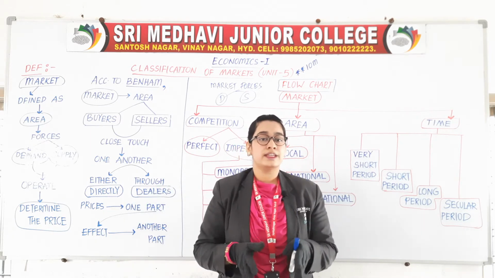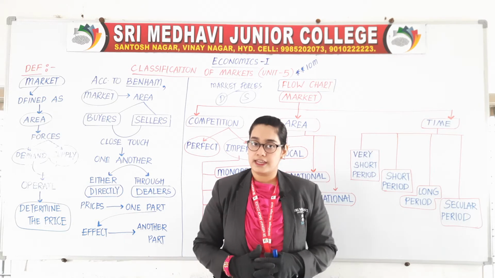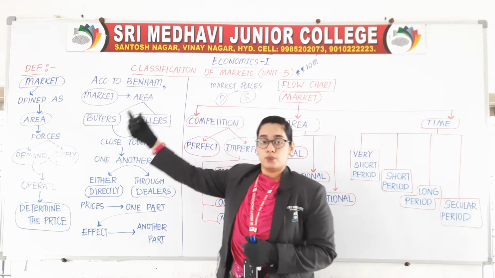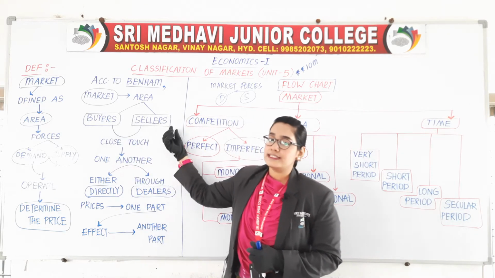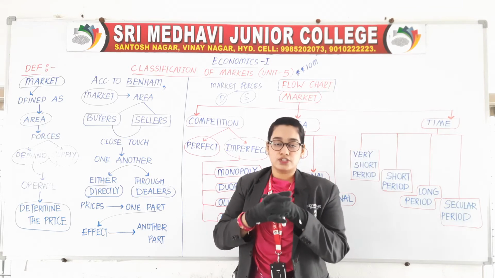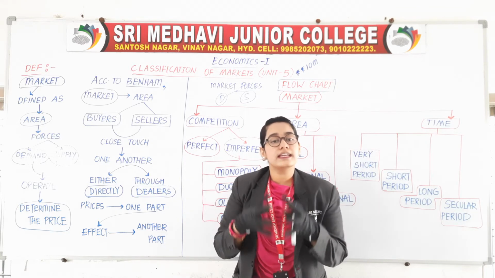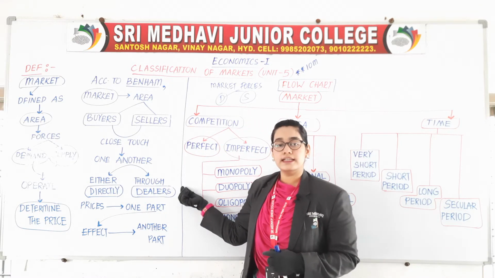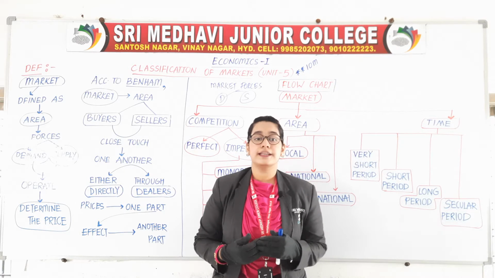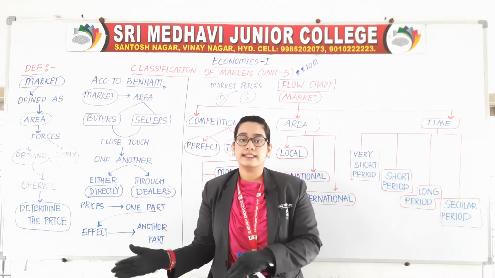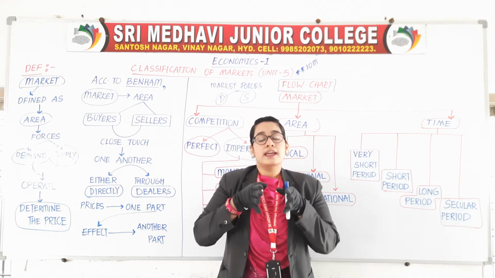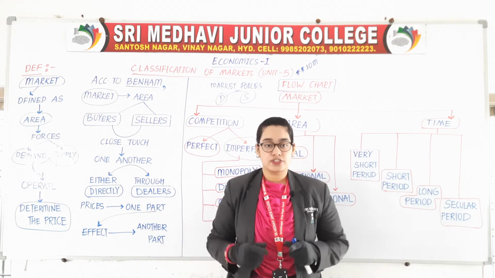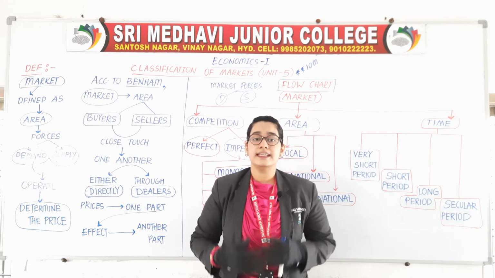Their meeting point is known as market. They may meet either directly or through someone else. The persons in the middle of a buyer and seller are called agents, or dealers.